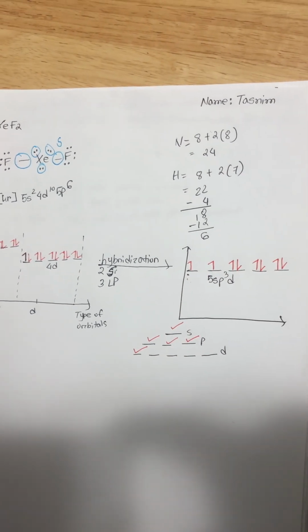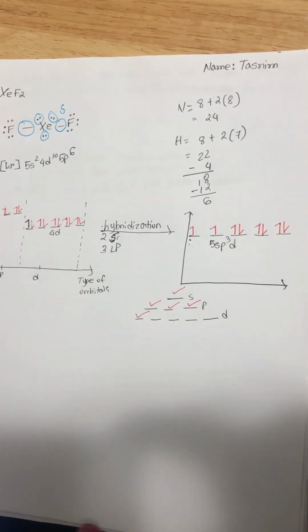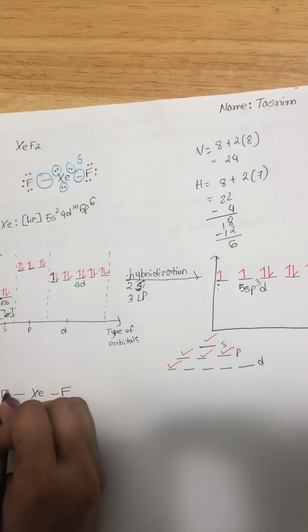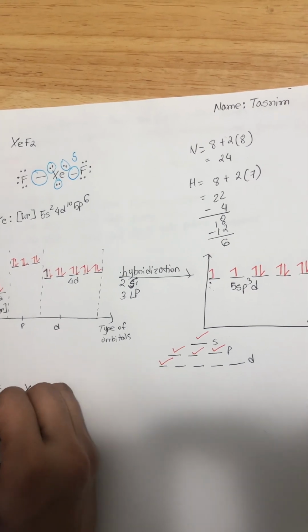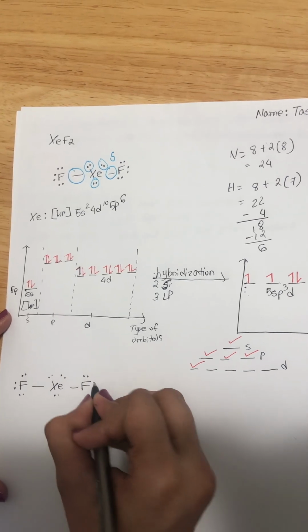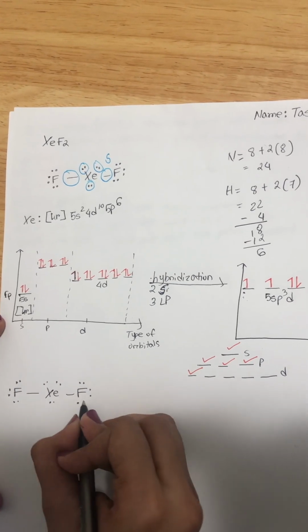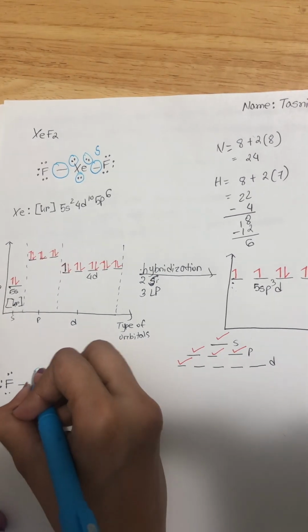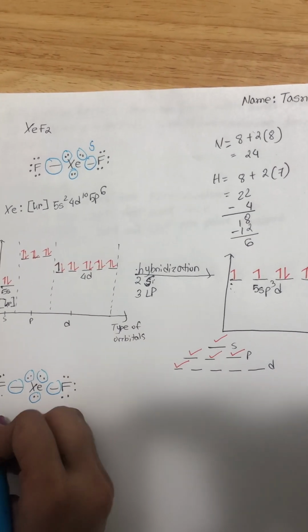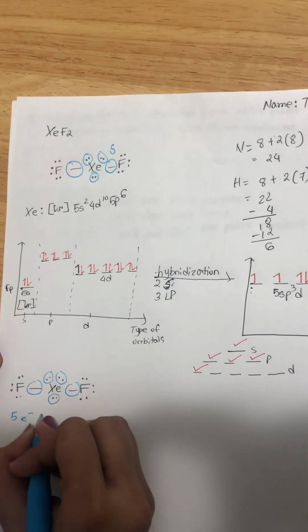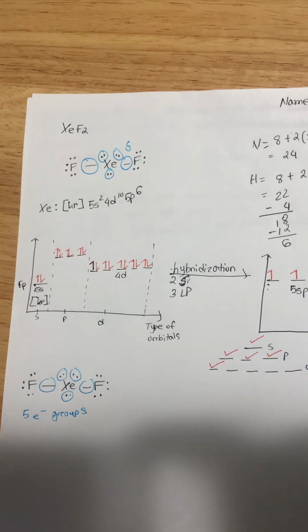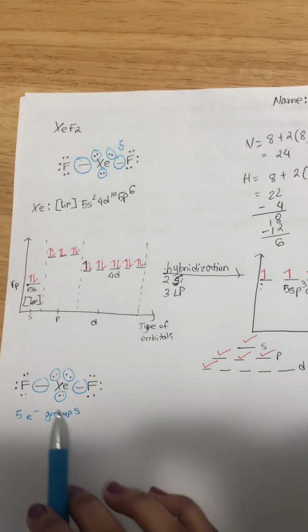Now VSEPR. We again need to draw the Lewis structure for it. Look at the central atom xenon. There are 5 electron groups.